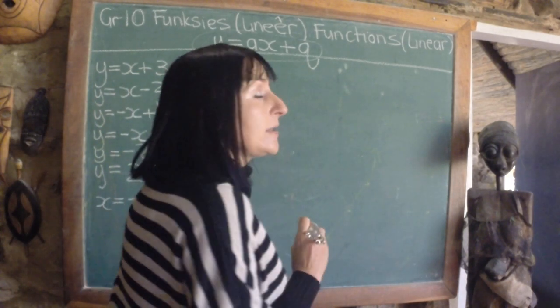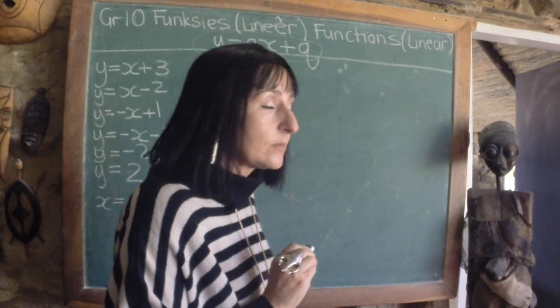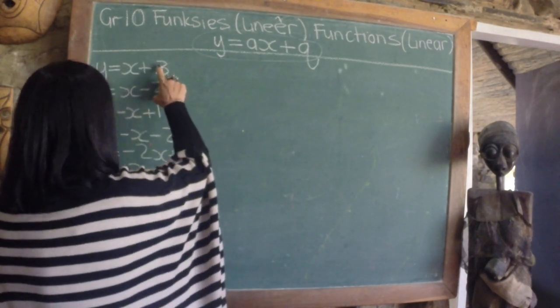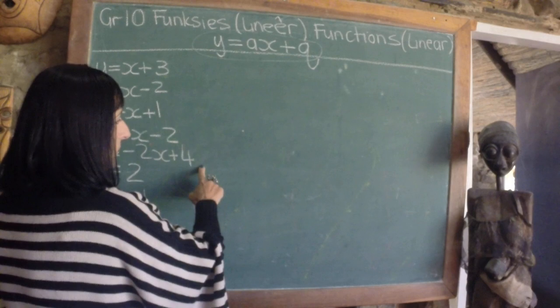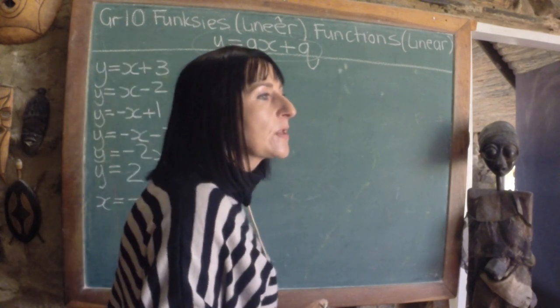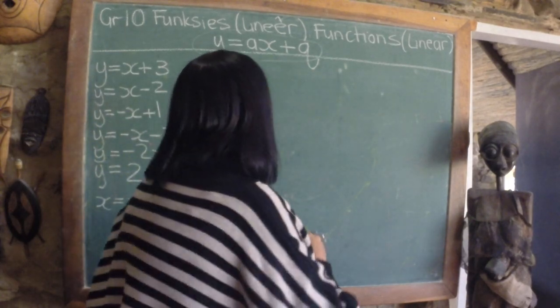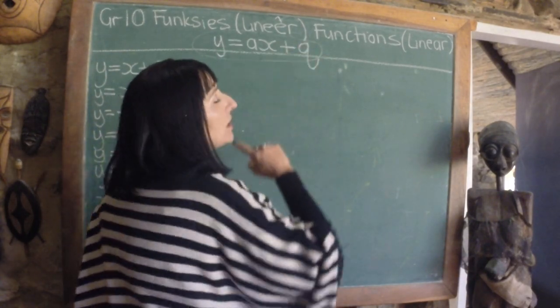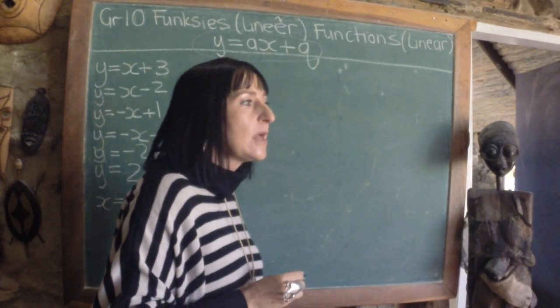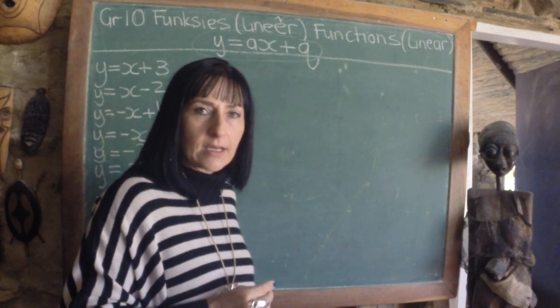When the Q value is not 0, then we use the dual intercept method. As ons 'n keywaarde het wat nie 0 is nie, dan gebruik ons die dubbel afsnit metode.